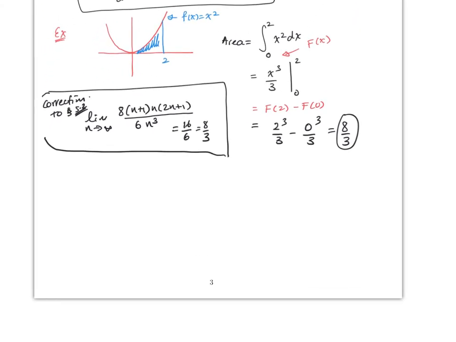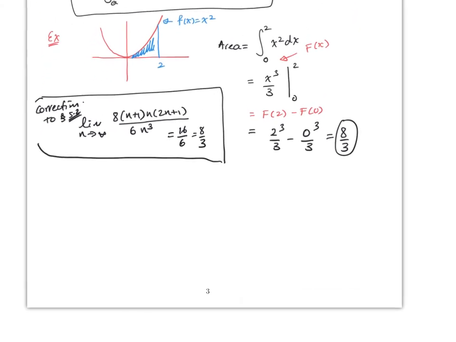For example, if you wanted to do this problem the long way, let's say this is x cubed, and you wanted to find the area between 1 and 3. If you want to do it using the method from section 5.2, it's going to take you a long time, and you can try if you have time.